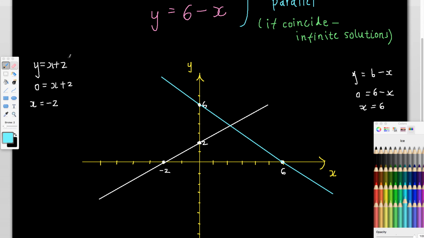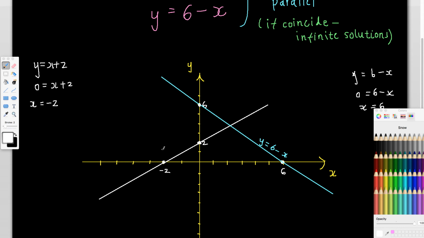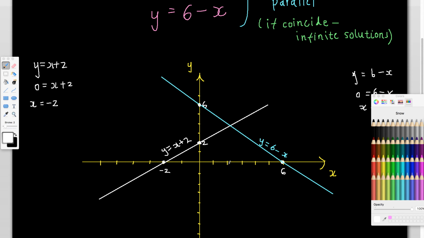I'll label this y equals 6 minus x, and the other one was y equals x plus 2. As you can see, the lines do meet because they're not parallel. One had a positive gradient of 1, the other a negative gradient of 1. This isn't drawn perfectly to scale, but the lines meet at around x is 2 and around y is 4.